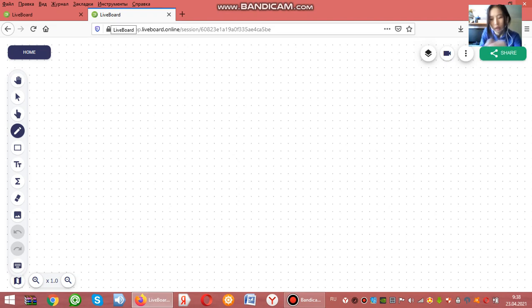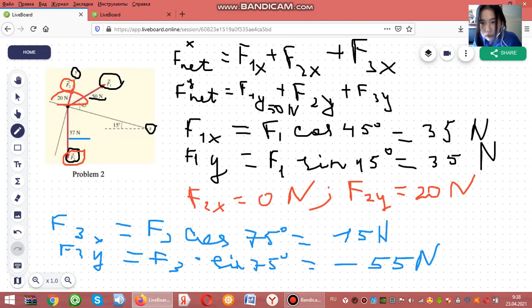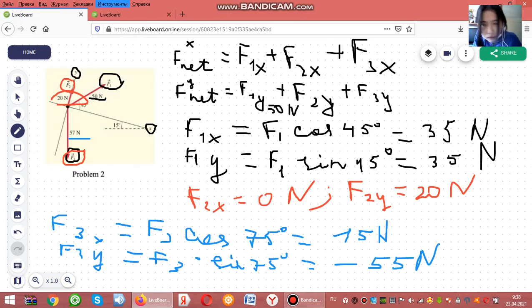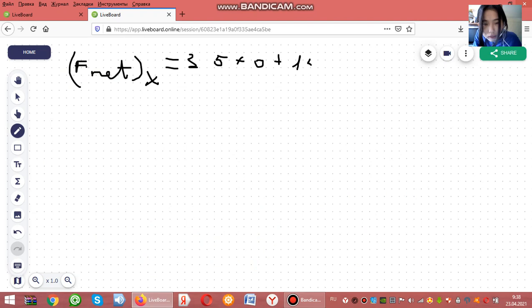So let's write then F net, sorry, F net for x again will equal to here 35 plus 0 and plus 15, and it is equal to 50 Newton actually, the sum 50.